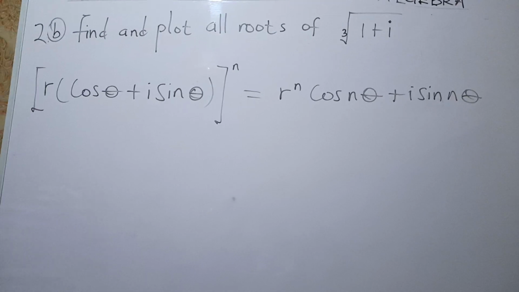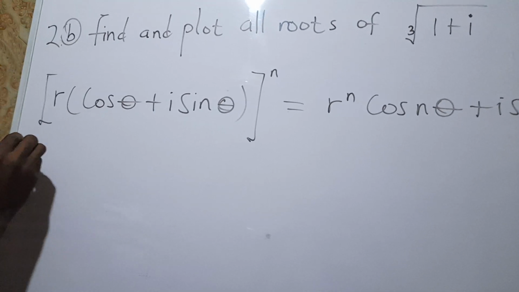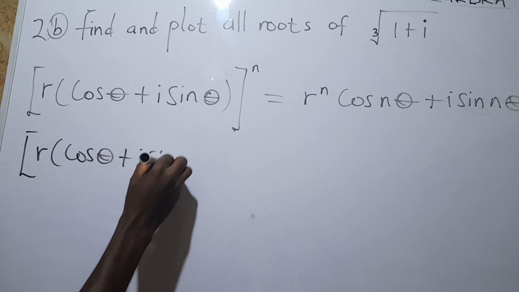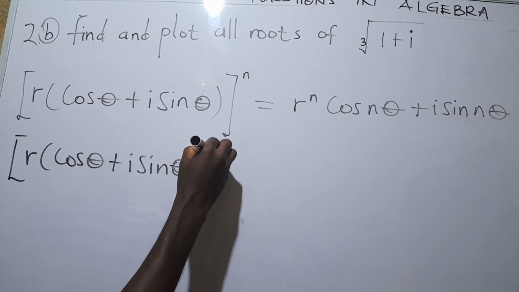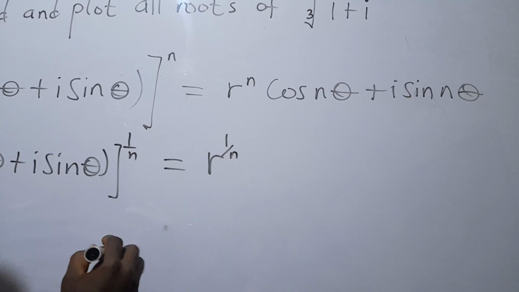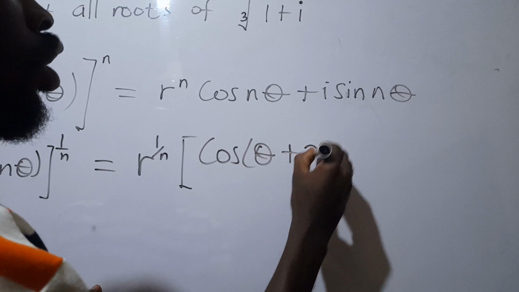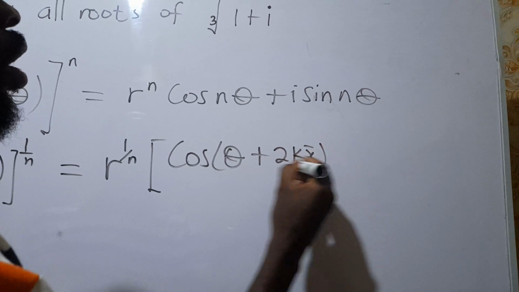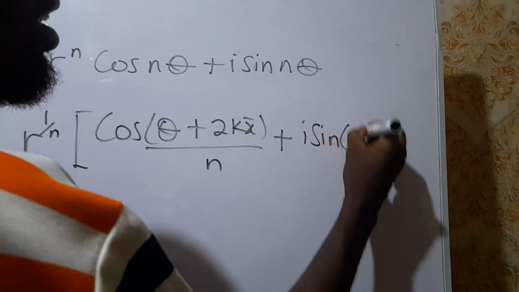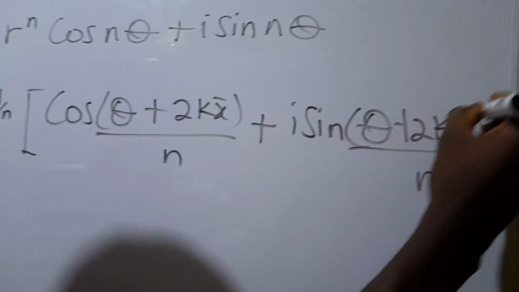However, if the exponent is a fraction, De Moivre's theorem is saying that r bracket cos theta plus i sin theta, raised to the power 1 over n, will be equal to r^(1/n) bracket cos of theta plus 2k pi over n, then plus i sin of theta plus 2k pi all over n.